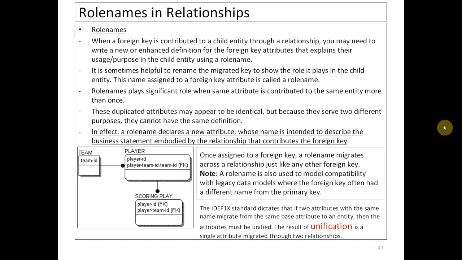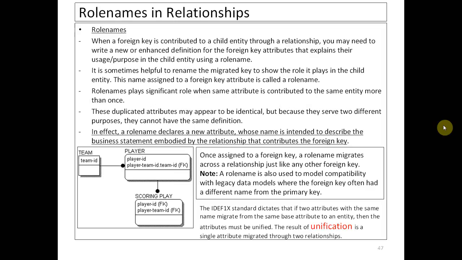However, if you want to enhance the definition of the attribute in the child entity based on its role or purpose or objective, or change the definition in the context of the child entity, one can use role names to redefine or rename that particular attribute in the child entity.